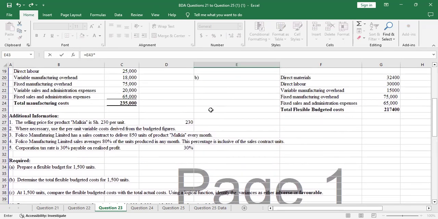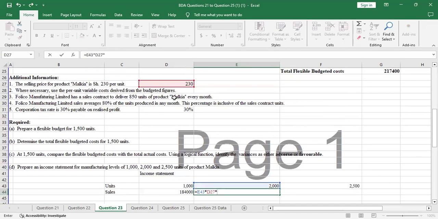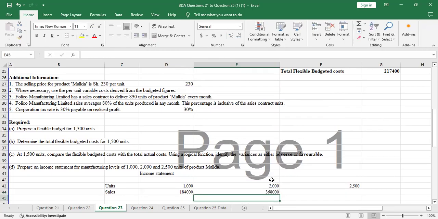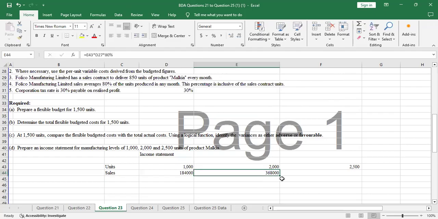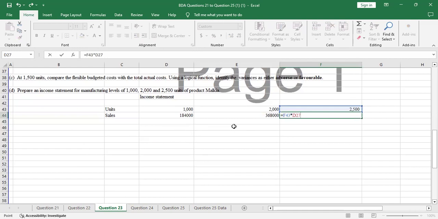Times the selling price of 230 per unit, times the 80%. You are only able to generate revenue from the 80%, so we'll have 368. Then for this, we'll also have 2,500 units times 230, then you multiply by the 80%, because it averages 80%. Enter. So we'll have that as revenue.